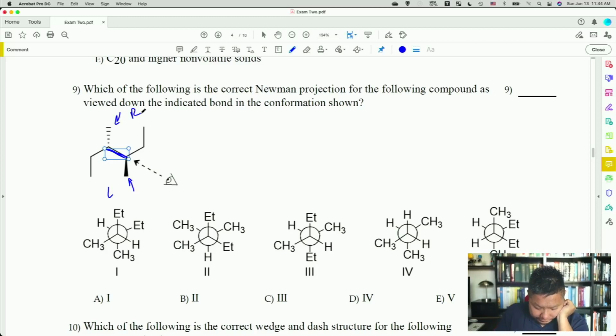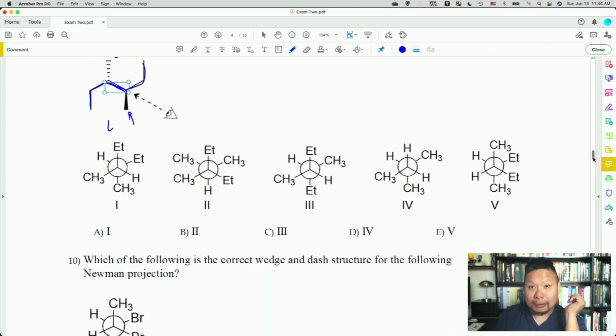The other thing to note here is that you have two ethyl groups that are also in the plane of the paper, which means they're going to be completely opposite each other. So you can already eliminate a whole bunch of things, knowing one's on the left, one's on the right, and opposite ethyl groups.